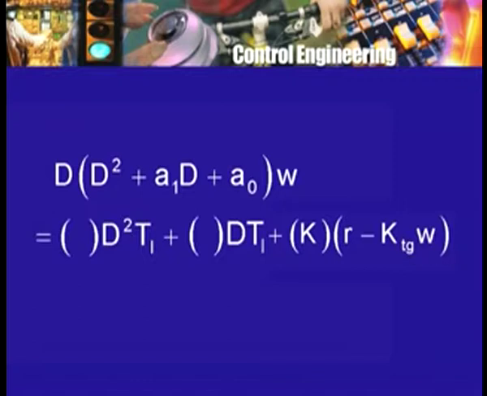So, we can transfer it to the left hand side, and now if you look at the left hand side, what is the polynomial operator? It is D cube plus A1D square plus A0D, and this term on the right hand side contributes a multiple of omega. So, we get a cubic polynomial on the left hand side, or we get a cubic operator, or we get a cubic characteristic polynomial.